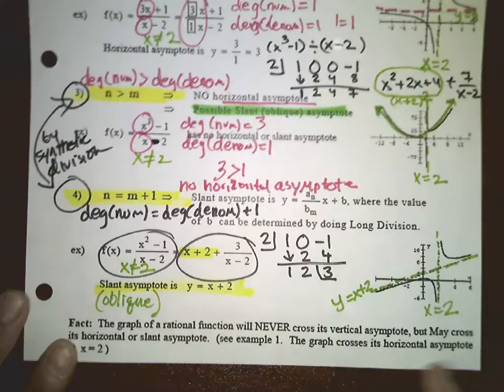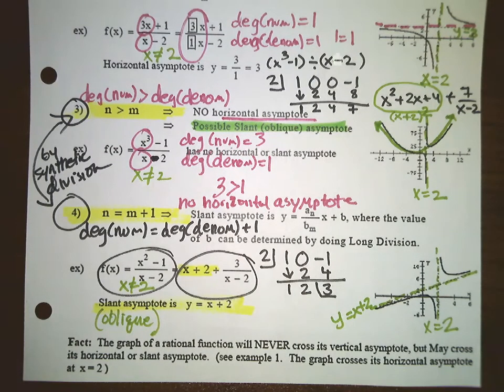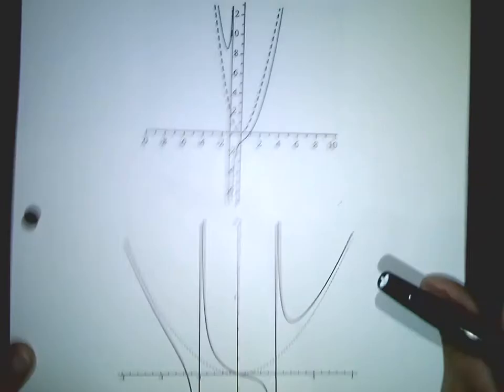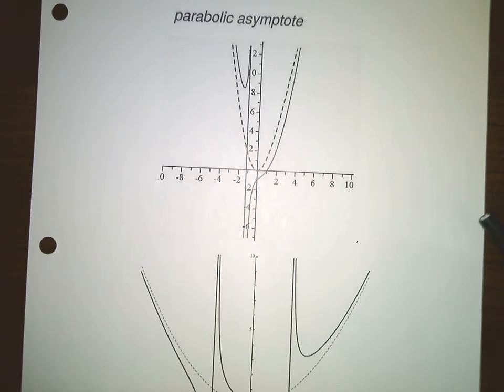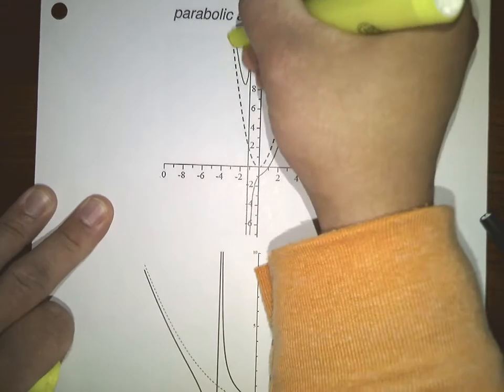So I think that was a lot easier and a lot quicker and definitely a time saver. So keep that in mind as well. So again, if you have any questions, let me know in the chat or by saying something. But the next page is just another couple of examples of functions that could have a parabolic asymptote.